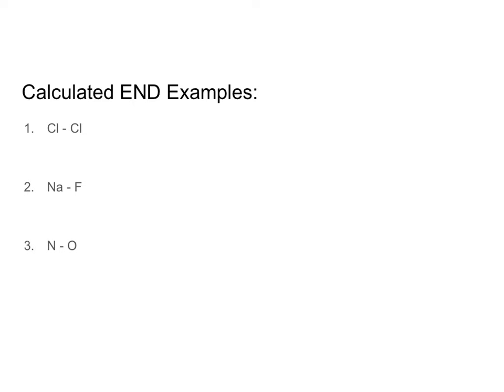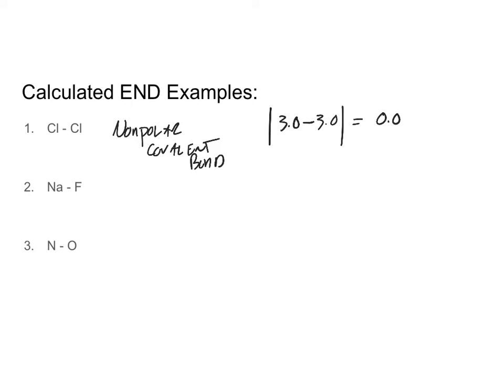As a result of that, I can predict pretty accurately that they are going to be a nonpolar covalent bond, but the way that I check to make sure that I'm right is I look up the electronegativity of chlorine. In this case, I take the absolute value of chlorine's electronegativity, 3.0, minus 3.0, and I get a value of 0.0, which falls in the range of a nonpolar covalent bond.